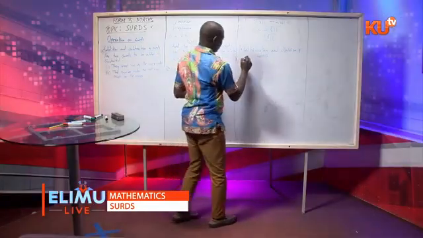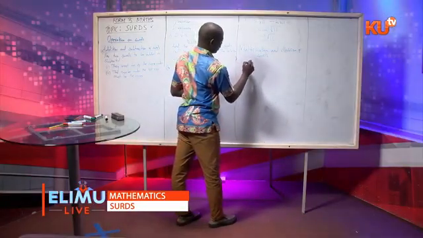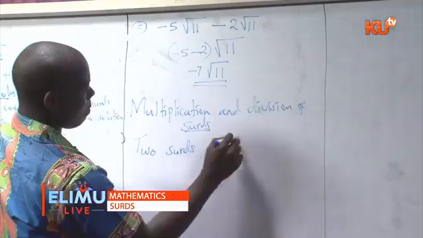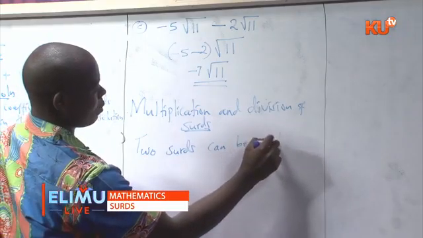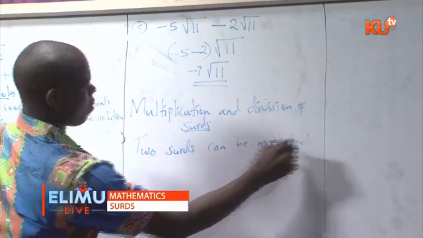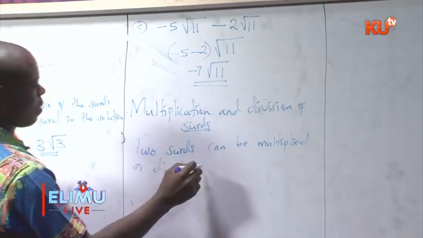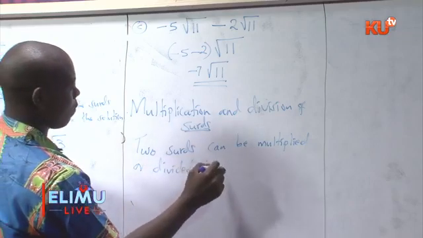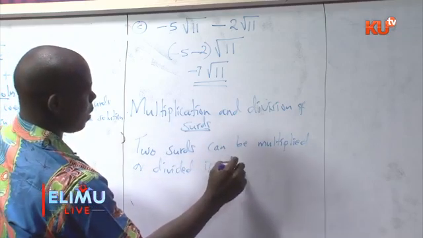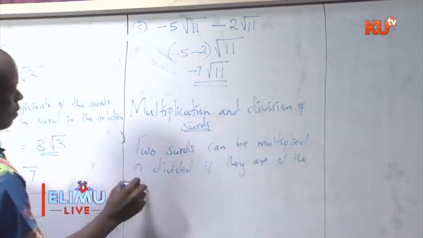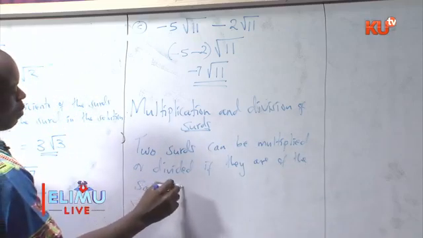Two surds can be multiplied or divided if they are of the same order.